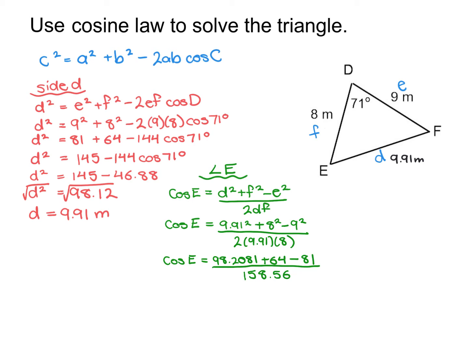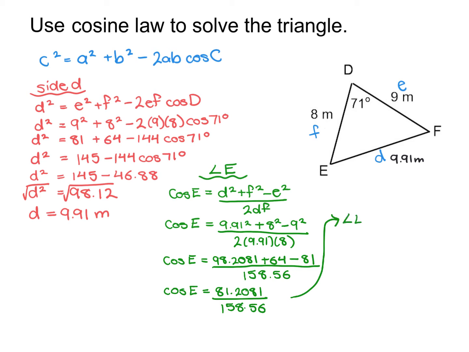All right, so now let's go further. So again, cos of angle E, and I'm going to add and subtract all the top numbers together all at once, and when you do that, you get about 81.2081. All of that divided by 158.56.